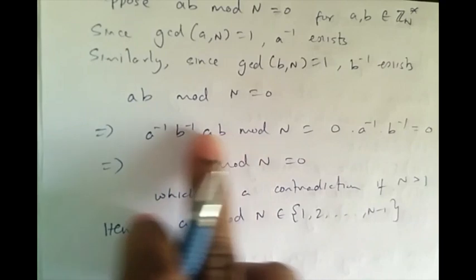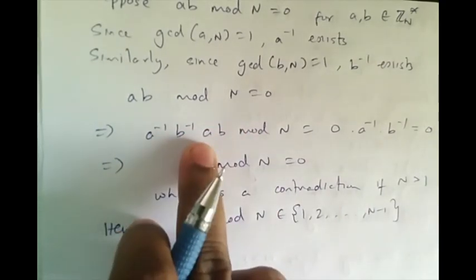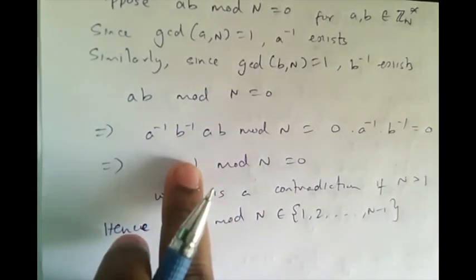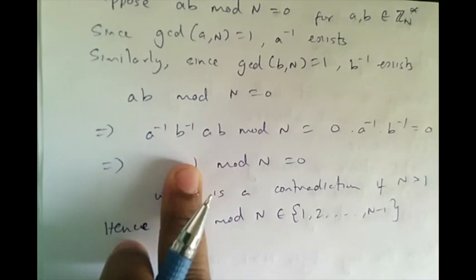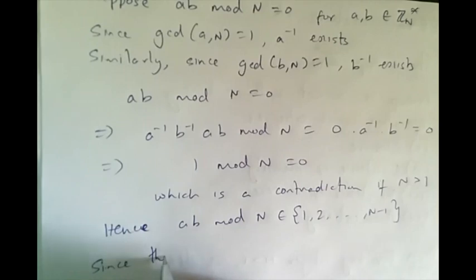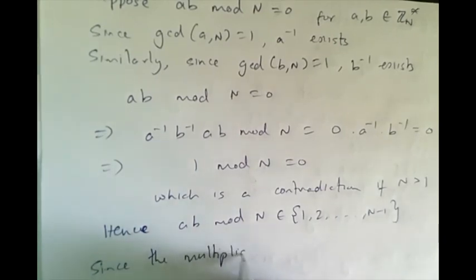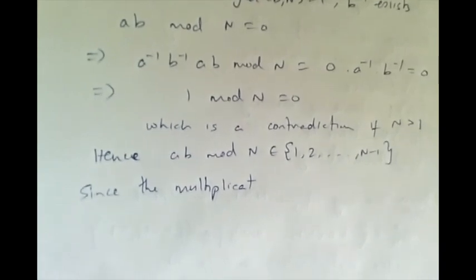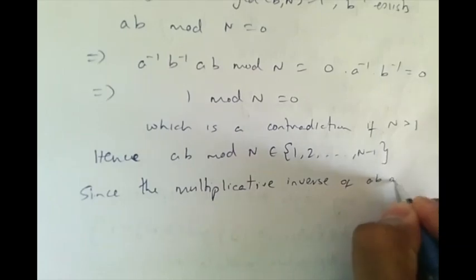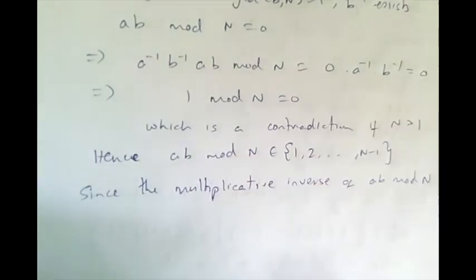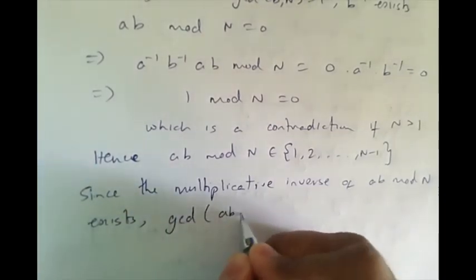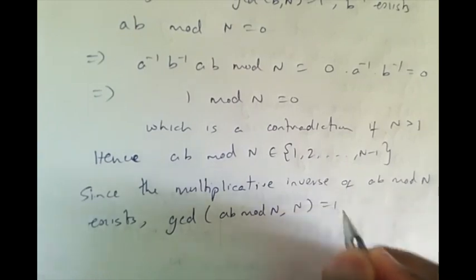And so here we already showed that A inverse B inverse is the multiplicative inverse of AB mod n. So since the multiplicative inverse of AB mod n exists, by the proposition again, the GCD of AB mod n and n is 1.